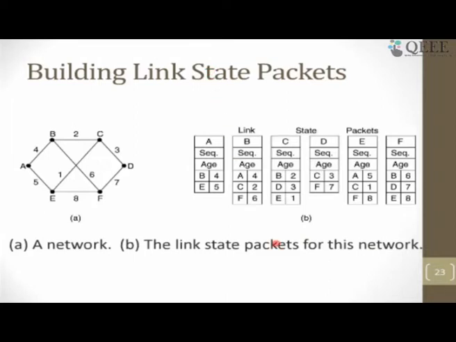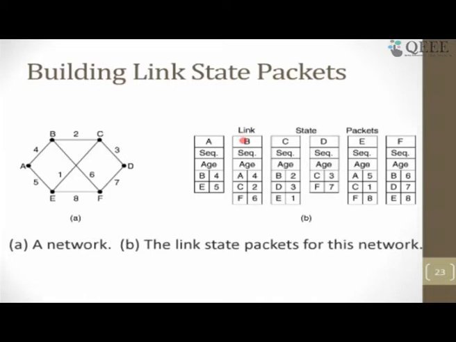Now, see this. How are the link packets developed? A is developing: I have a link with B and that distance is 4, and I have a link with E and that distance is 5.